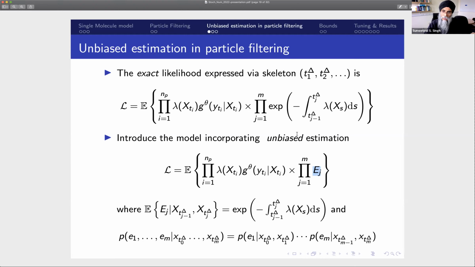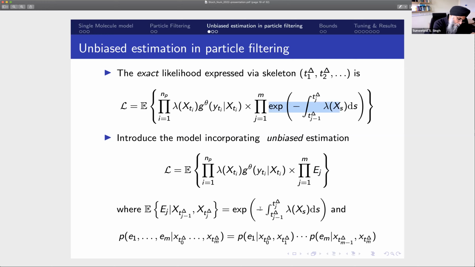Now I want these random variables to unbiasedly estimate these path integrals. So the expected value of Ej, given the value of the process at the start and the end of the interval, should correspond to the path integral we want.